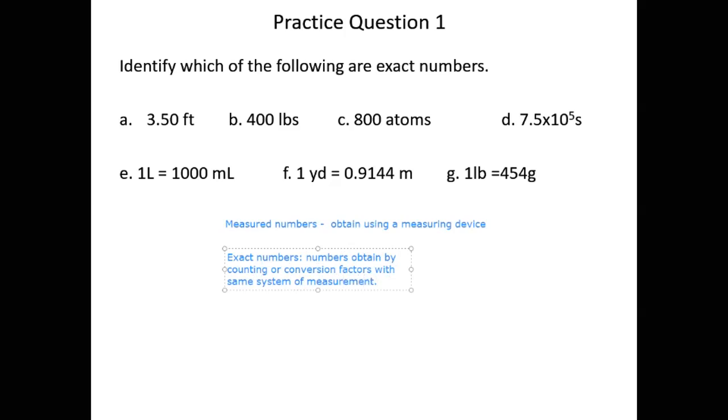So if you can count the quantity, it's an exact number. Or if it's a conversion factor within the same system of measurement, it's an exact quantity. So one of the only ones that's English to metric that's exact is 1 inch equals 2.54 centimeters. And this is, again, exact.